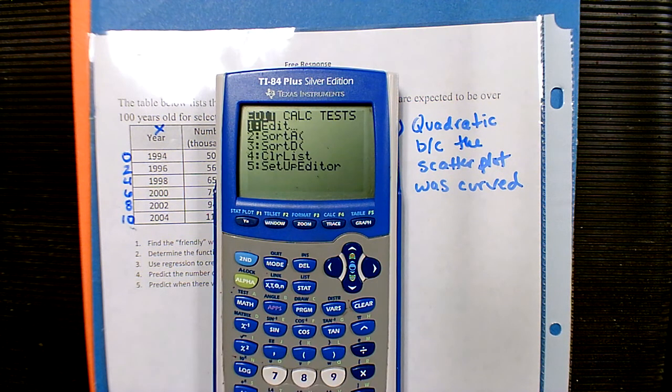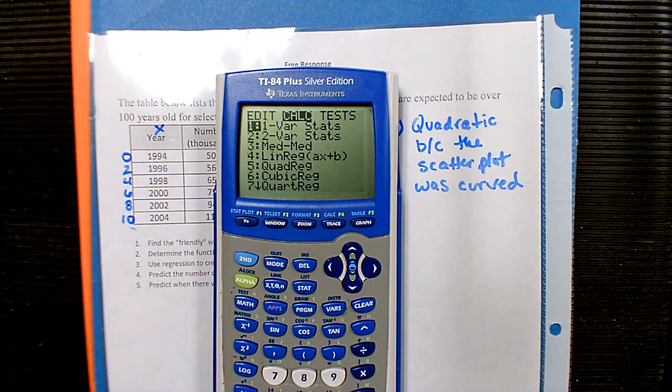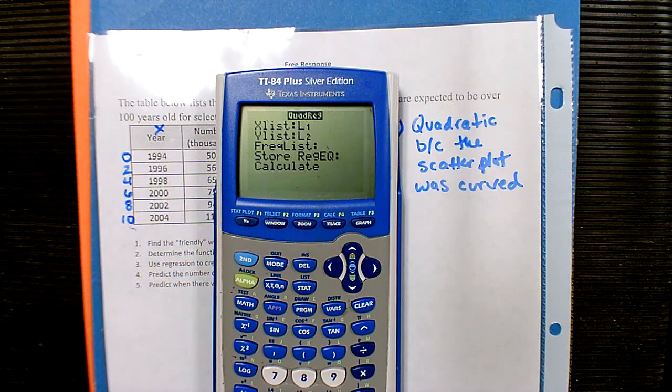So we're going to go back to the stat button, instead of hitting enter like we did before to type in the numbers, we're going to scroll over to Calc, and this is where all the options are for your different types of equations. Now we said it's quadratic would be the best fit, so which option do you think we'll choose? Good, Marie? 5, yep, quad reg, it's abbreviated. Okay, so go ahead and hit enter.